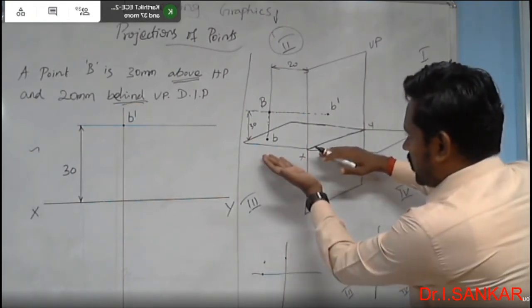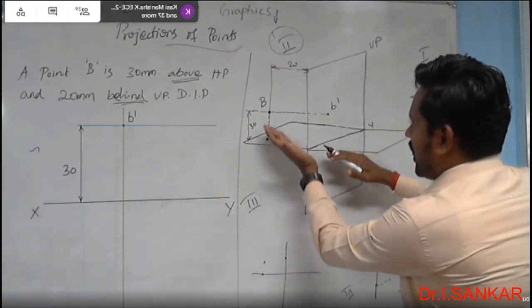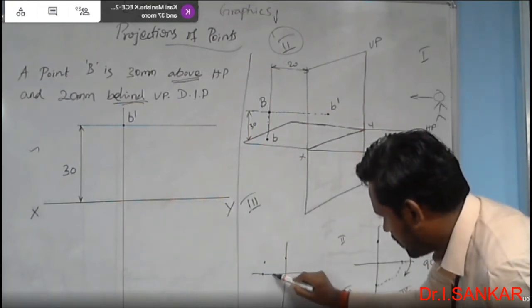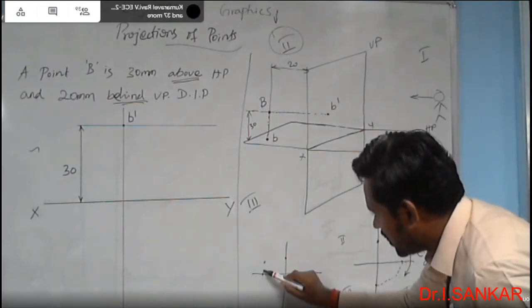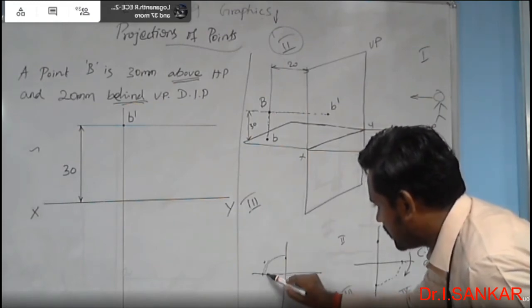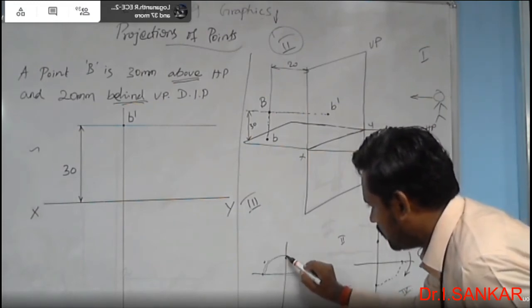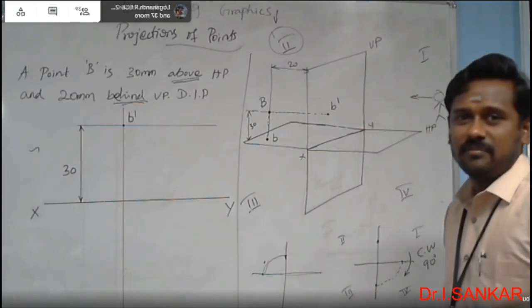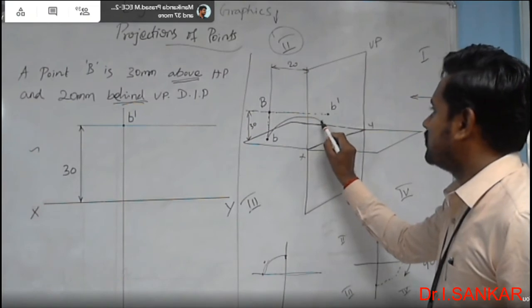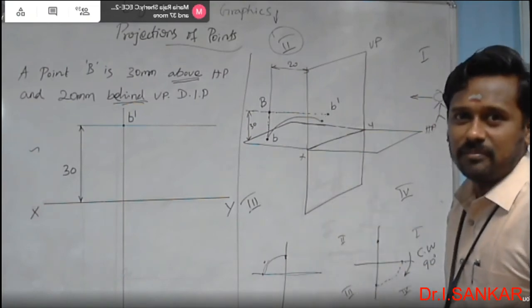We need to rotate the horizontal plane in clockwise direction about 90 degree. Then the point will be located here in the VP screen with that distance.